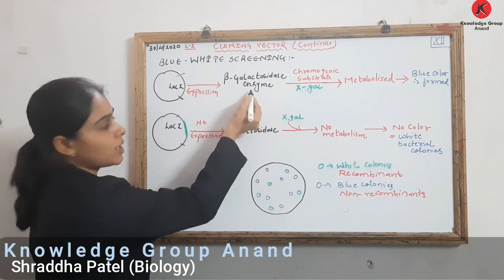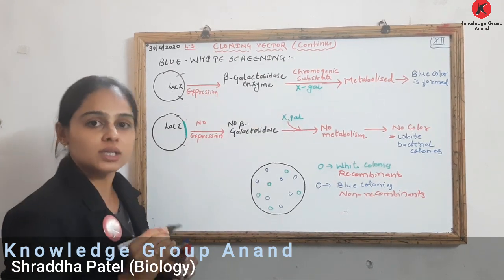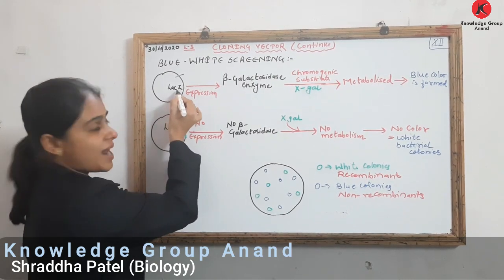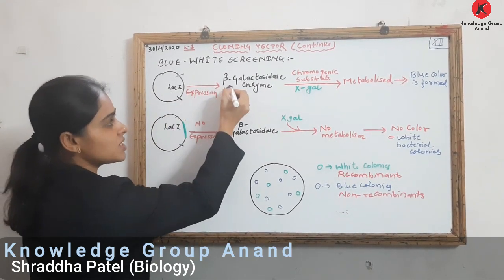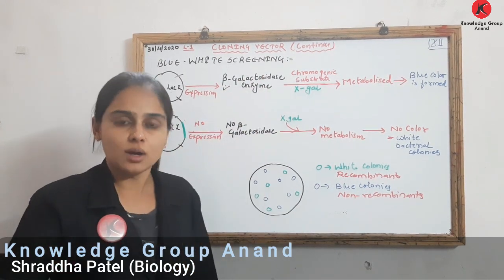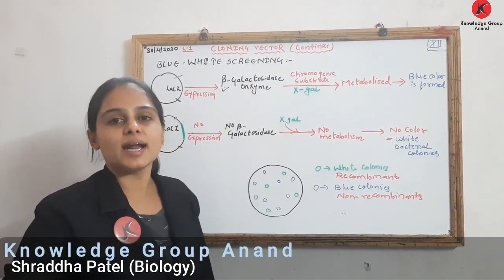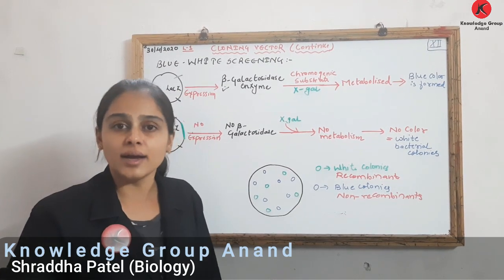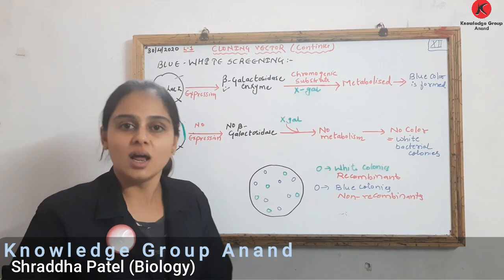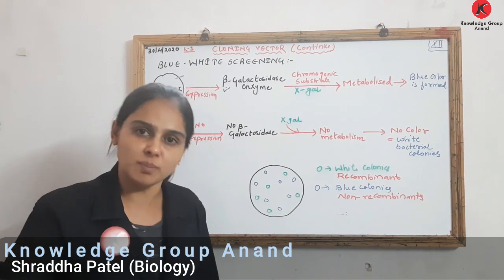We very well know that all enzymes are protein in nature, right? So expression of the LAC-Z gene produces an enzyme called beta galactosidase. Normally बीटा गैलेक्टोसिडेज का फंक्शन क्या होता है? To metabolize lactose present in the medium.